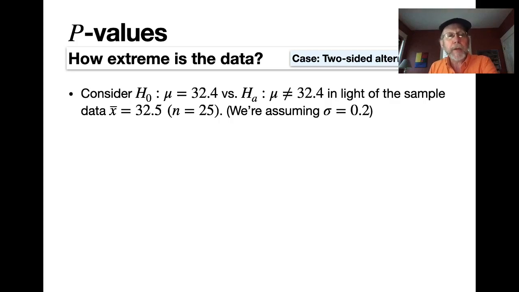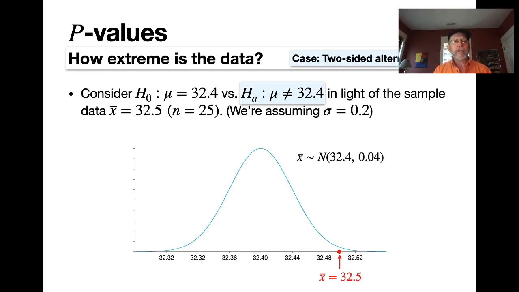And here we're assuming a known value of sigma for the population of 0.2 ounces. I want to emphasize that this is all tied to the fact that we have a two-tailed alternative here. And again, we'll discuss what modifications need to be made to the procedures we're about to see if the alternative is a one-sided alternative.